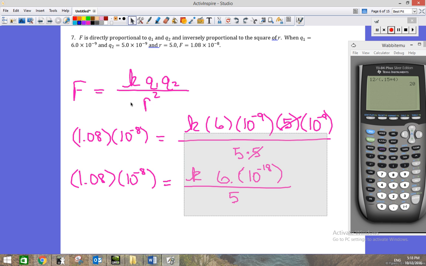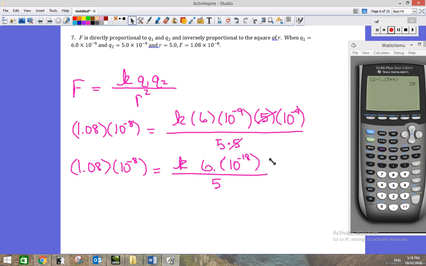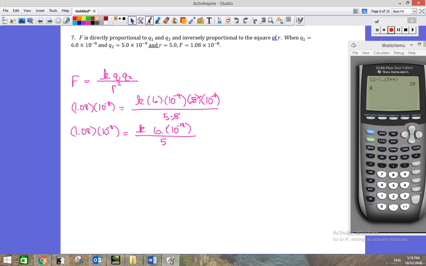Alright. If I want to know what k is, I'm going to take this number, 1.08 times 10 to the negative 8th, and I'm going to multiply it by the reciprocal of this value.